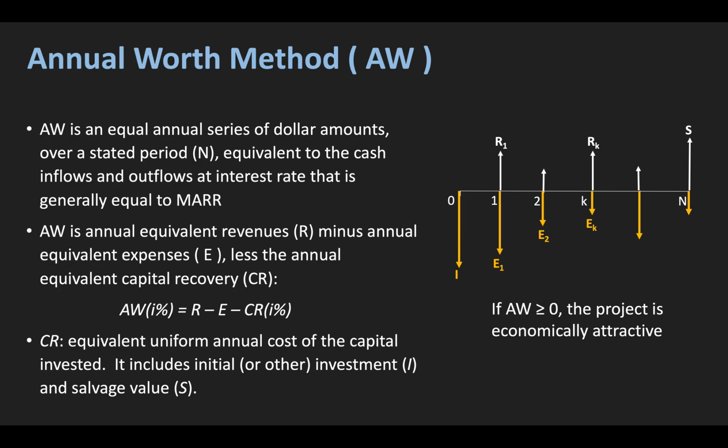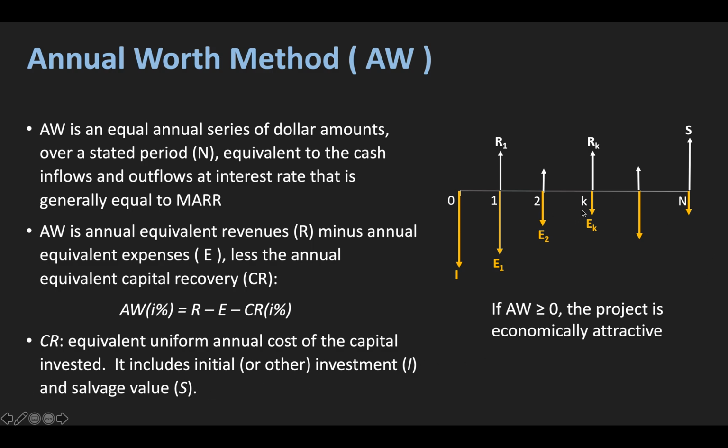CR here is really the equivalent uniform annual cost of the capital invested. Say that again: it's the equivalent uniform annual cost of the capital invested. And this chart includes the initial or other investments and the salvage value.